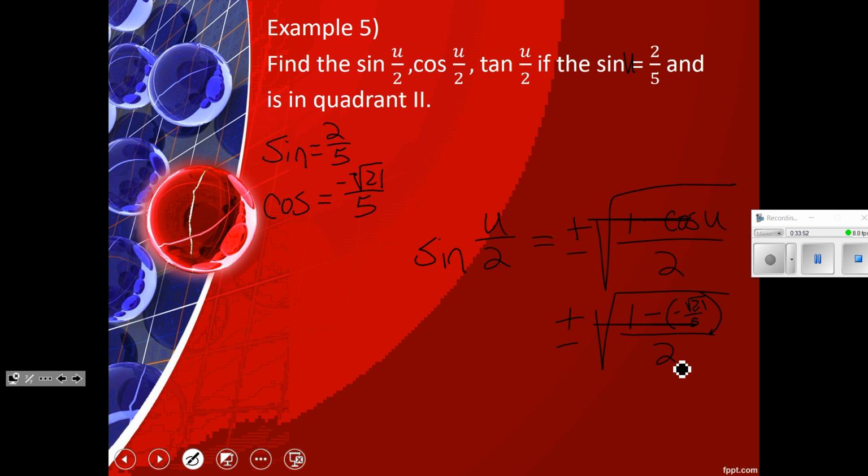That's actually going to be a double negative, so it becomes a positive, and we would multiply everything by 5. So this is going to be plus or minus the square root of 5 plus square root of 21, all divided by 10.